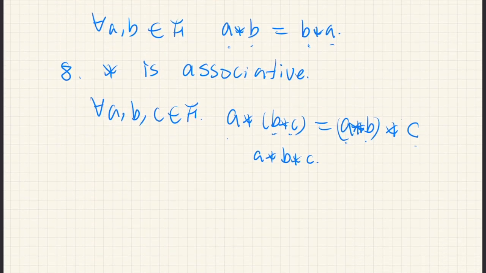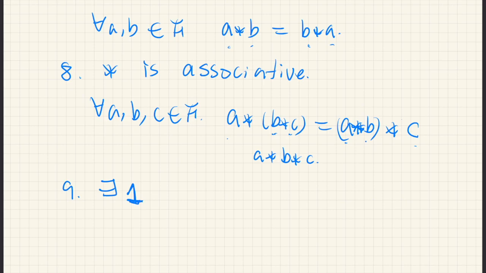Okay, so the next is the existence of multiplicative identity. So there exists a special element. We usually call it 1. So this 1 is not a number in general.